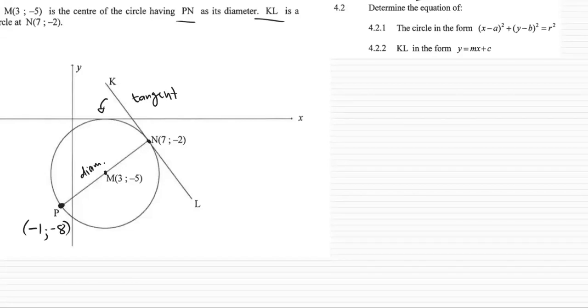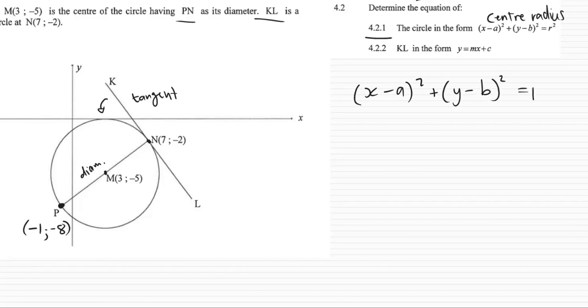Question 4.2.1, write the circle in center radius form. So this is center radius form: our circle with center (a; b) is (x minus a) squared plus (y minus b) squared equals r squared.